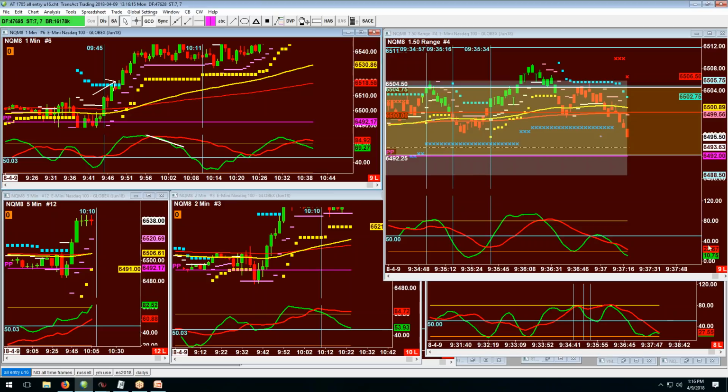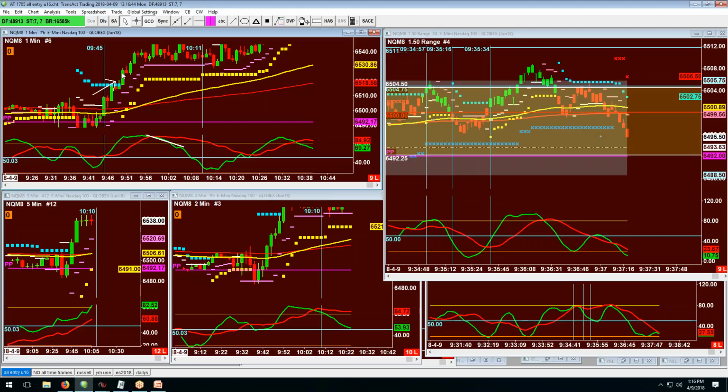Okay, so I'm just going to show you what I didn't do, and I wish I did after. Right here on the 1 minute where I have this arrow, I was looking to take a buy just above the super trend stop there, and you can see the green line is above the red on the 1 minute. At the time, it was also on the 2 minute, and it was also on the 5 minute. I did not take that because I was not convinced.